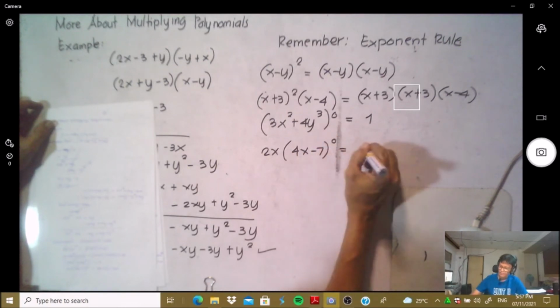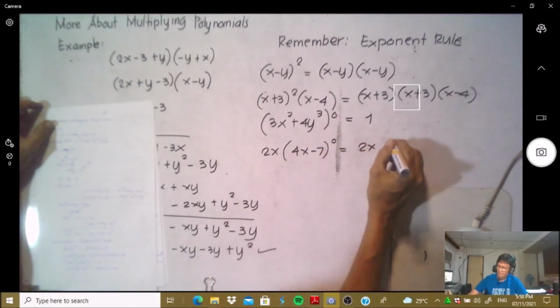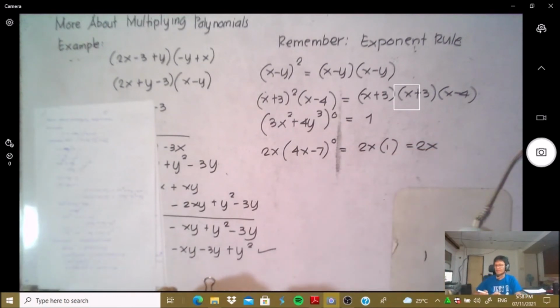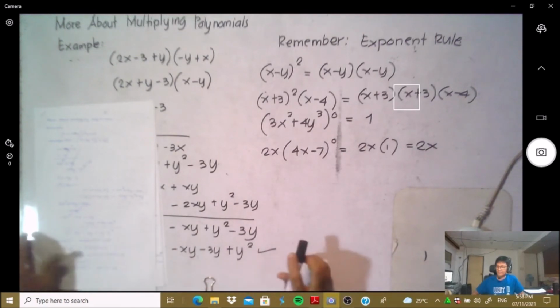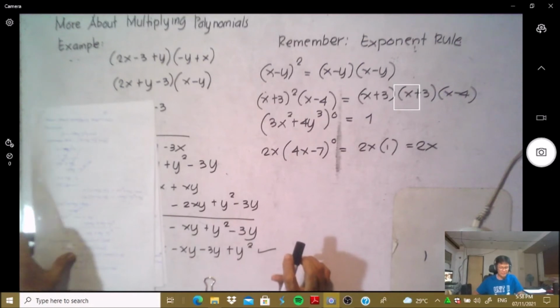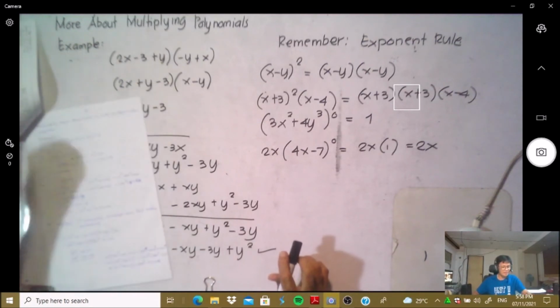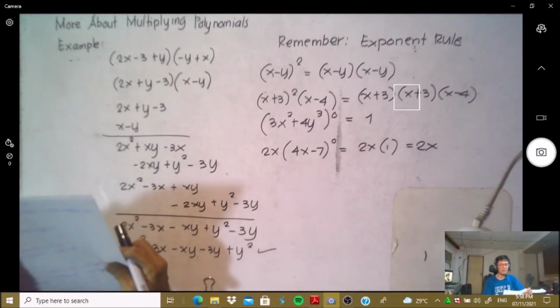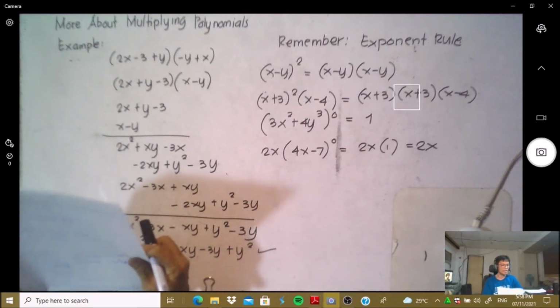So we have 2x multiplied by 1, which is simply equal to 2x. This simply means that any number multiplied with a term raised to 0 becomes the number. Okay, so let's take up multiplying 3 binomials.